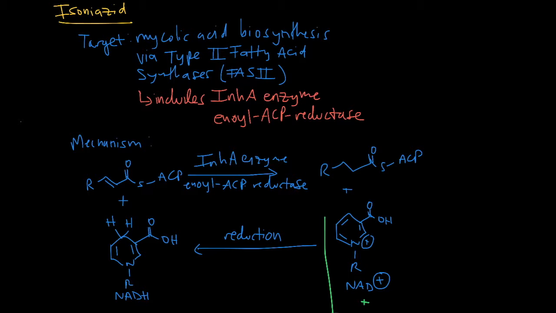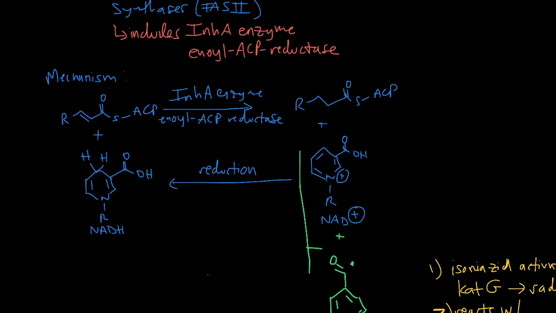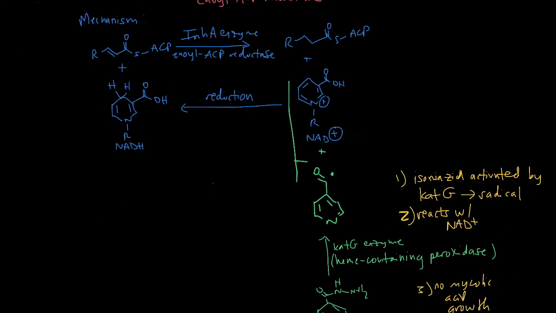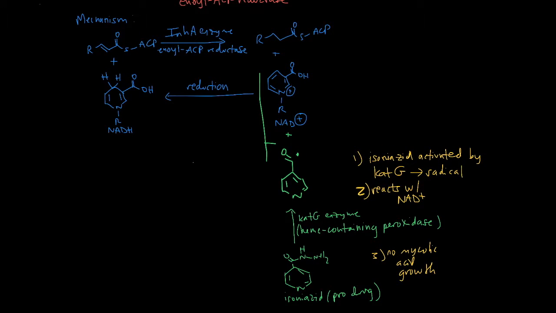The mechanism by which mycolic acid is produced in the mycobacteria cells is by a simple subunit.